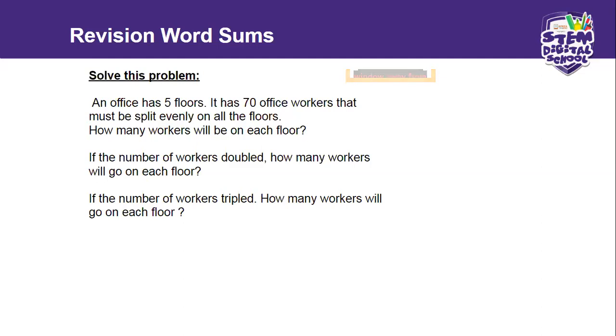How many workers will be on each floor? 70 office workers, 5 floors, and they must be split or divided evenly on all the floors. If the number of workers doubled, how many workers will go on each floor? Let us see and we'll come back.